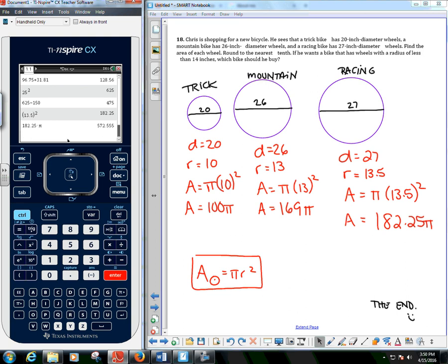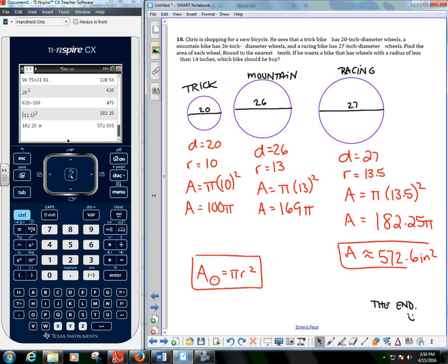And I'm going to round it to the nearest tenth. The nearest tenth is 572.6, and this is square inches. All right, we can move on to 169 pi.